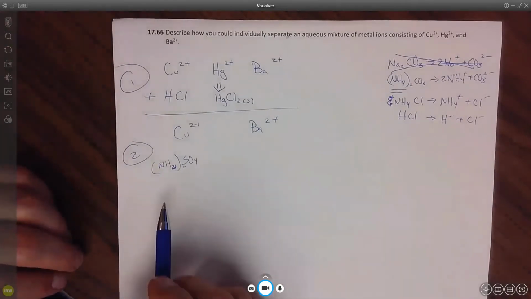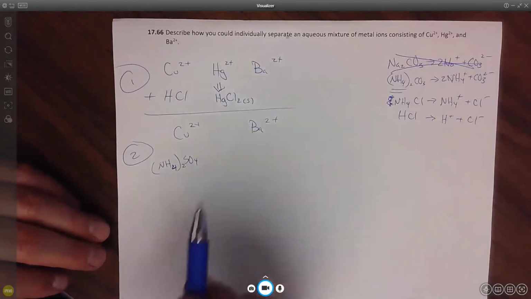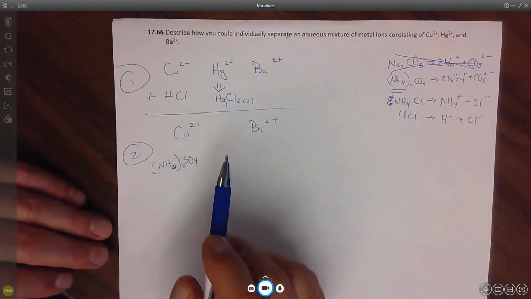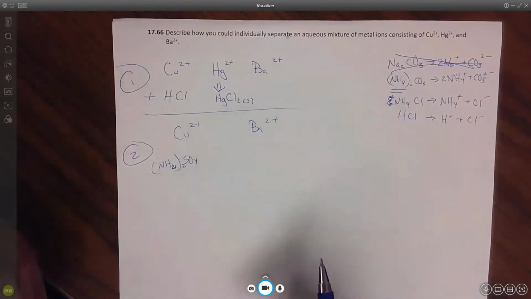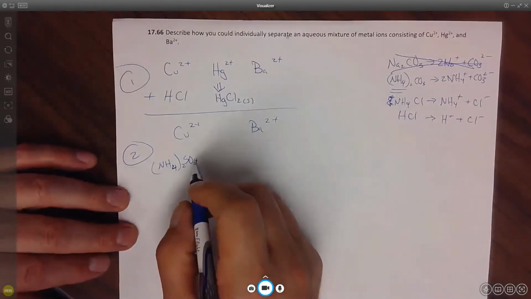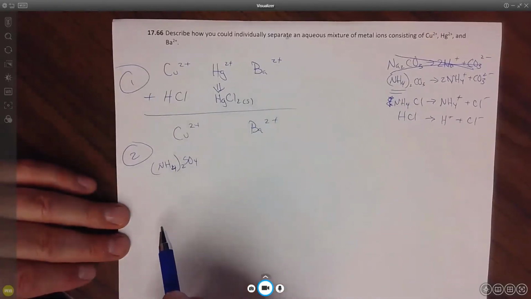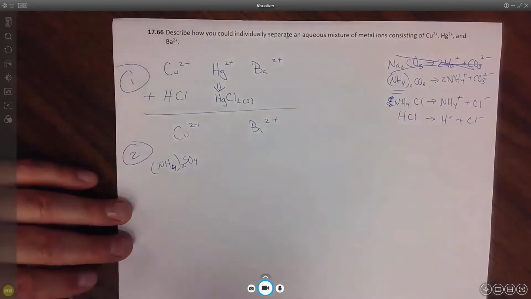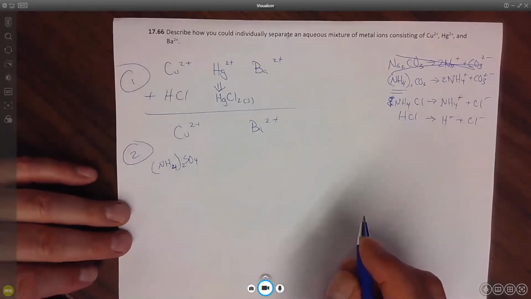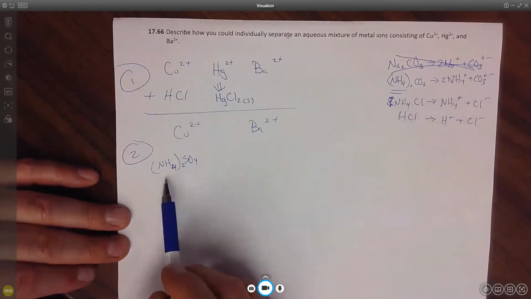Now I'd have had to make the solution slightly basic because hydrogen sulfate isn't a strong acid. I'd have to make it basic to rip off that hydrogen to give me the sulfate, but I could do that. So if I add this, what's going to precipitate out?